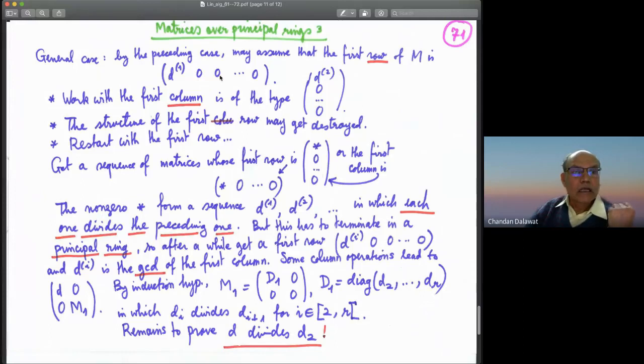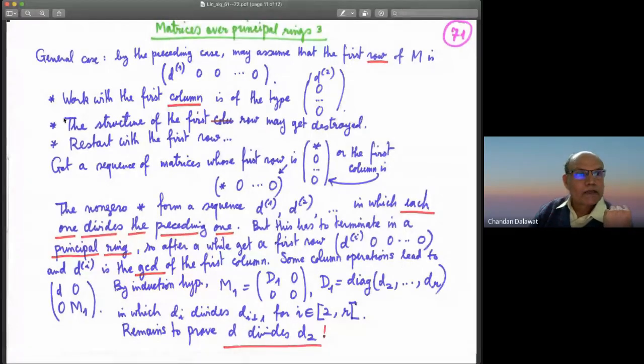So you have your matrix M, and by multiplying it on the right by the appropriate invertible matrices, we can make the first row D1 and zeros elsewhere, right? Now, just do exactly what you did to the first row to the first column.